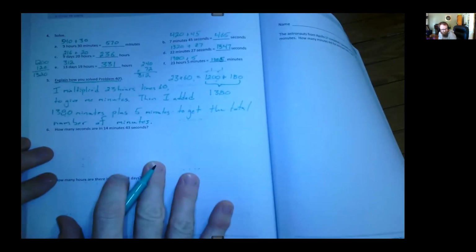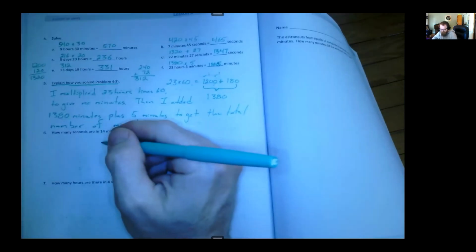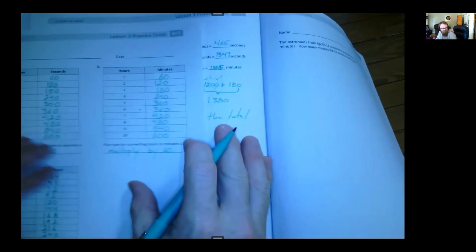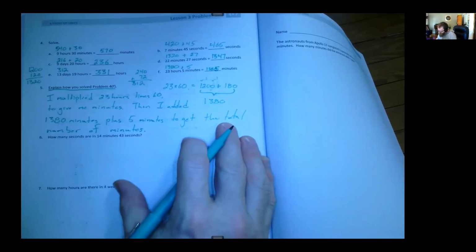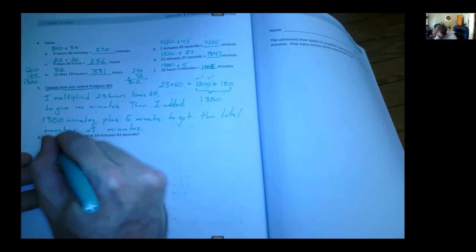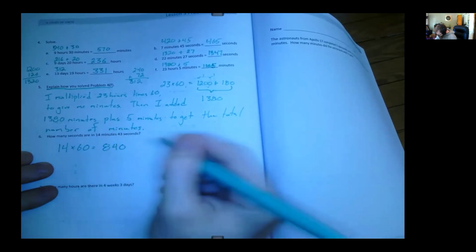How many seconds are in 14 minutes, 43 seconds? Well, in 14 minutes, we've got 10 and 4. That's 600 and 240. Add them together, we get 840. That's 14 times 60. That's 840 seconds.